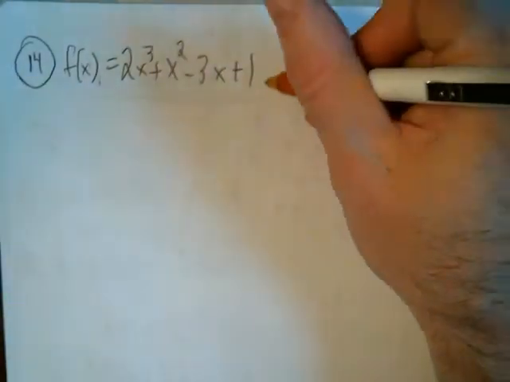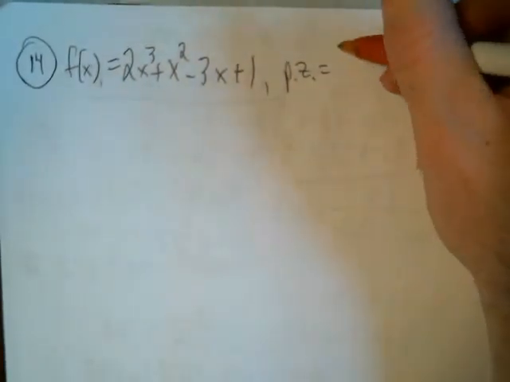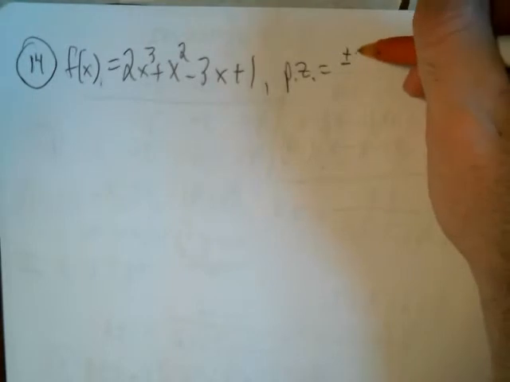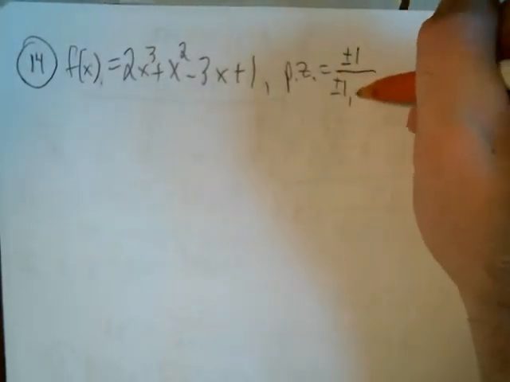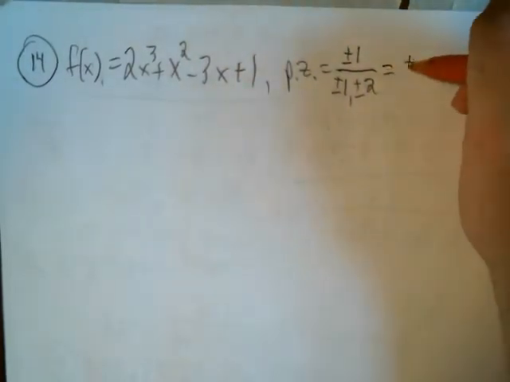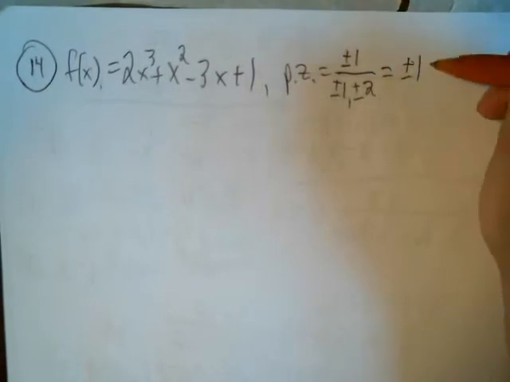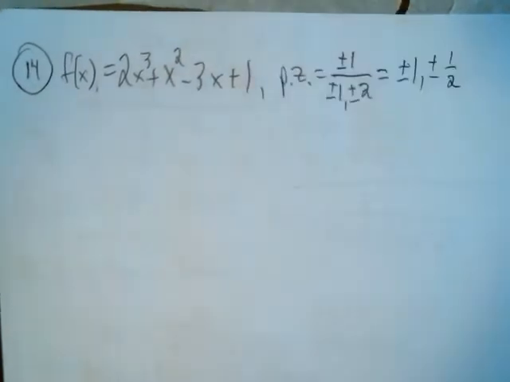Okay, so the potential zeros we're looking at from the constant term, plus or minus 1, and then all over plus or minus 1, plus or minus 2. Okay, so we'll have plus or minus 1, and then plus or minus 1/2 for our potential zeros. So, go through and try them.